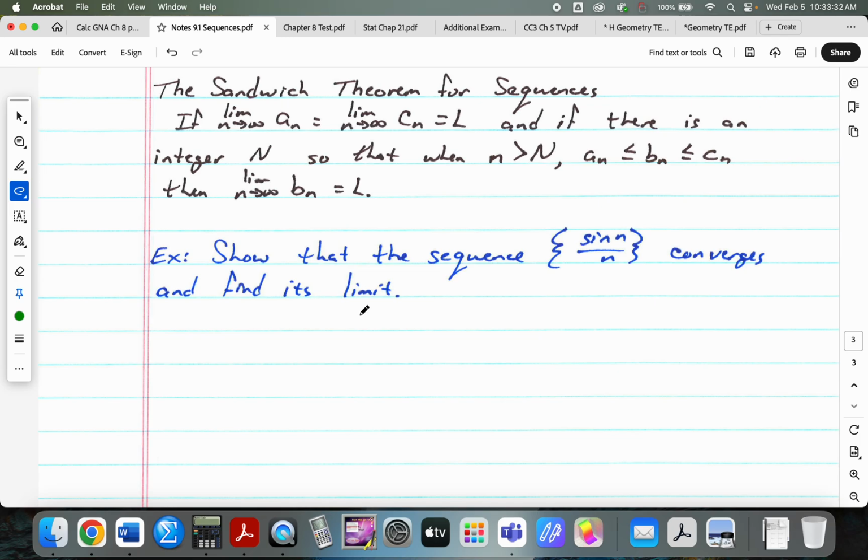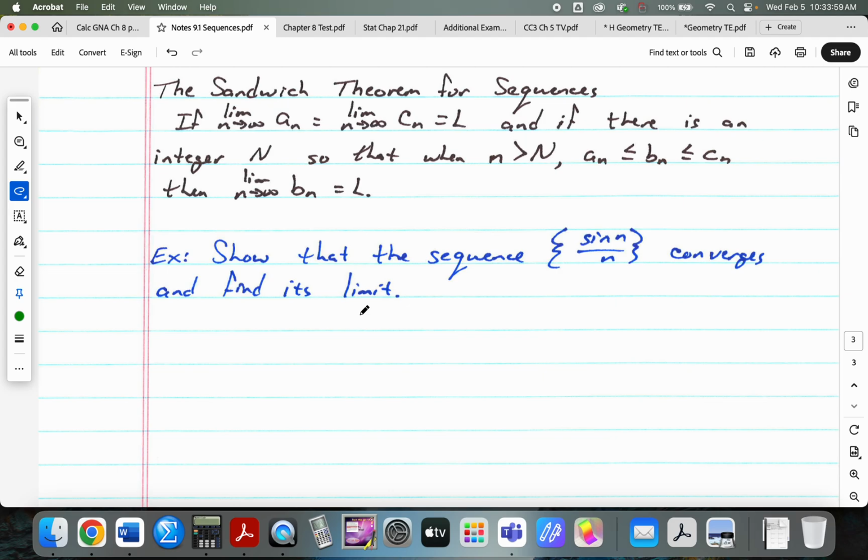So the sandwich theorem, we did that earlier in the year, way earlier in the year when we were doing limits. And you can also apply the same sort of idea to sequences. So it says that if the limit as n approaches infinity of a sub n is equal to the limit as n approaches infinity of c sub n, and those are both equal to some L, where L is some constant.